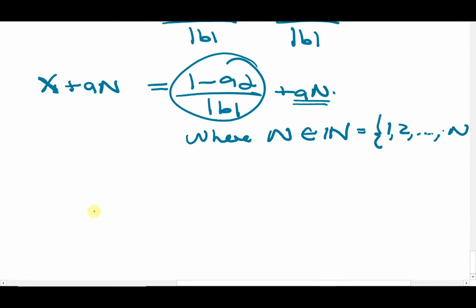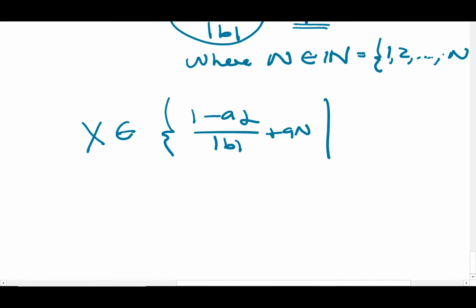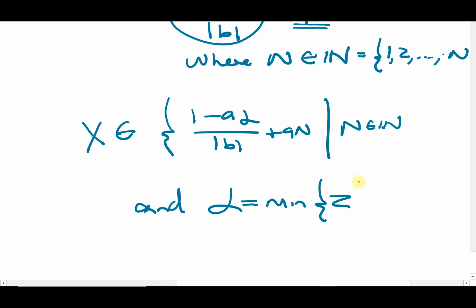So x is an element of 1 minus a alpha over absolute value b plus a n, such that n is a natural number, and alpha is going to be the minimum value such that 1 minus a alpha over absolute value b is a natural number.